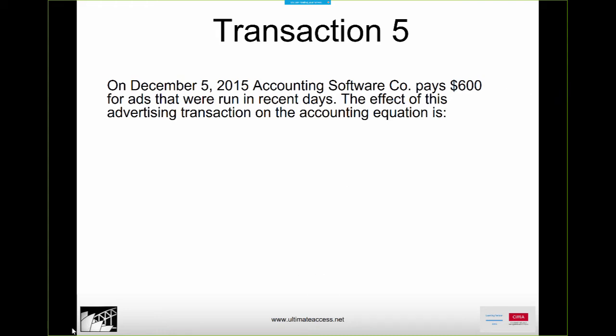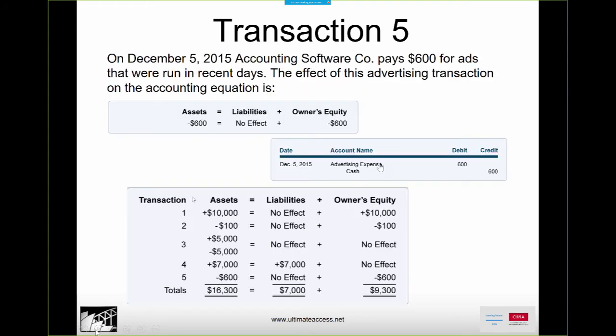The effect of this advertising transaction, how will it be? Right, 600 assets minus. Why do you say the owner's equity is impacted?